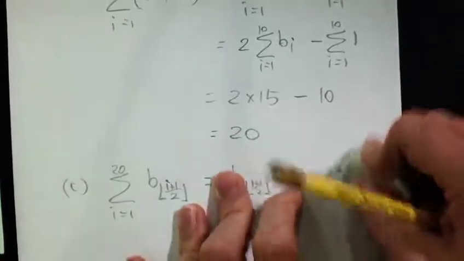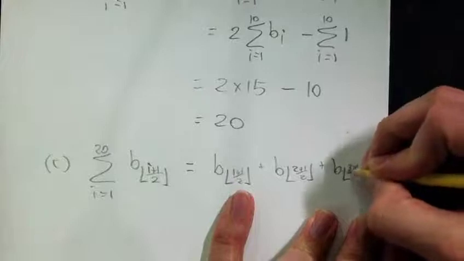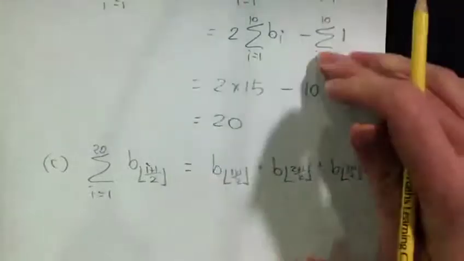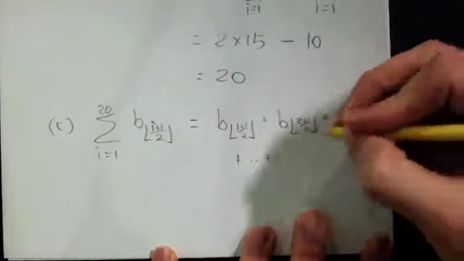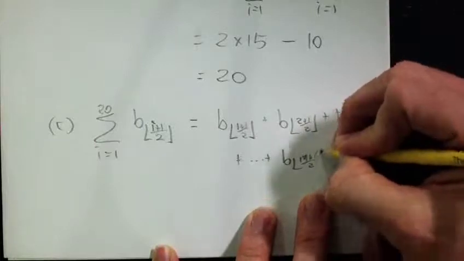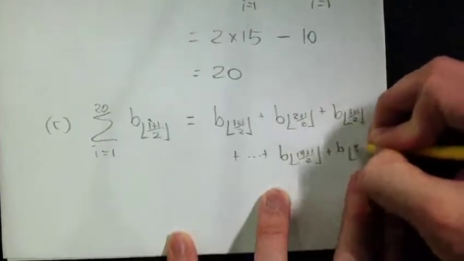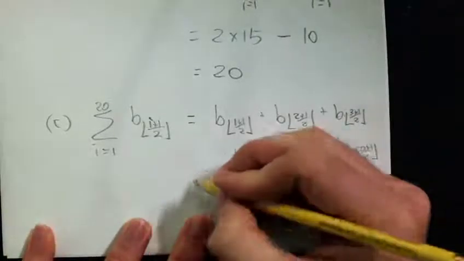Maybe I'll do one more. B floor of 3 plus 1 over 2. Okay, plus dot dot dot. And then the last couple would be 19 plus 1 over 2 and 20 plus 1 over 2. Okay. All right, well, let's see what that is.